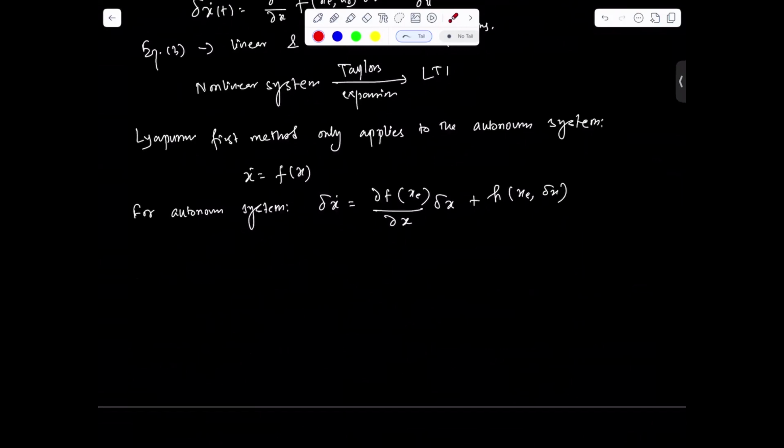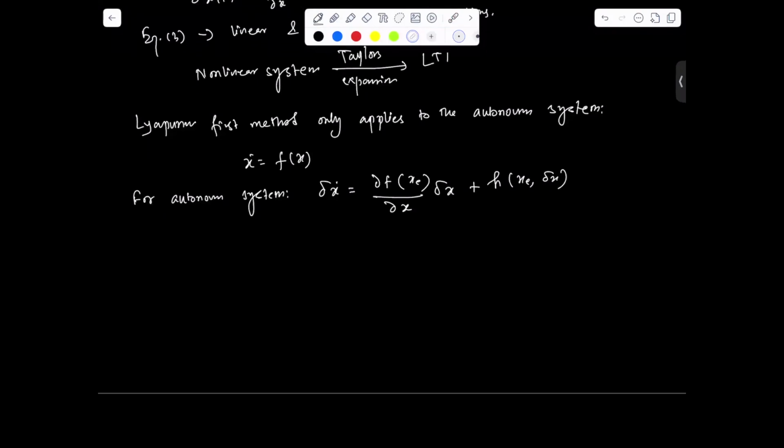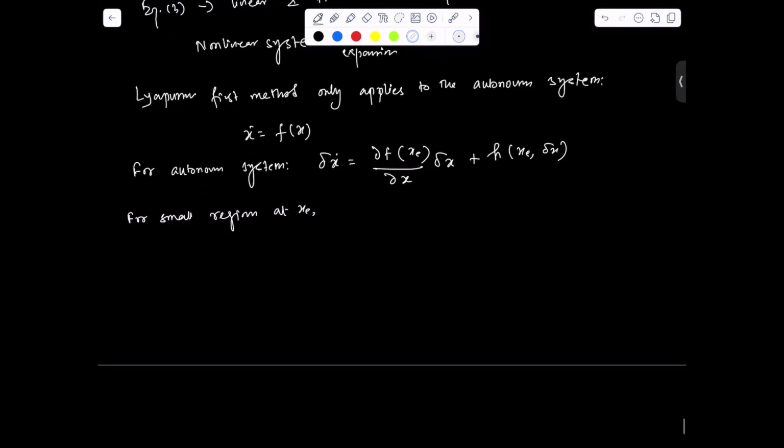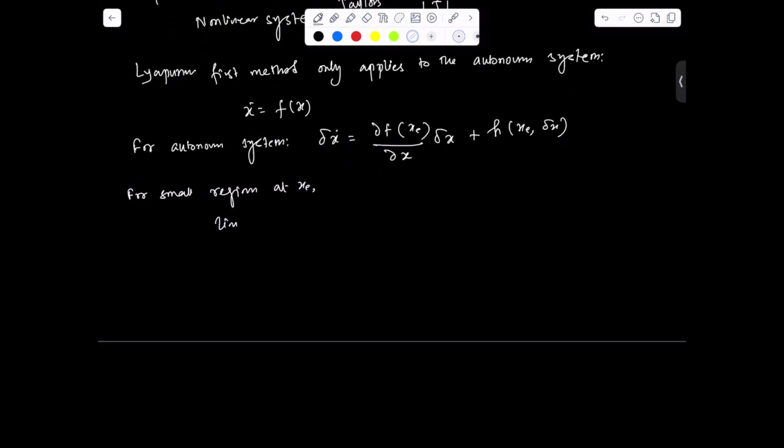And similar to the previous, we can write for small perturbations, for a small region at xc. So we can write the limit as delta x goes to 0.